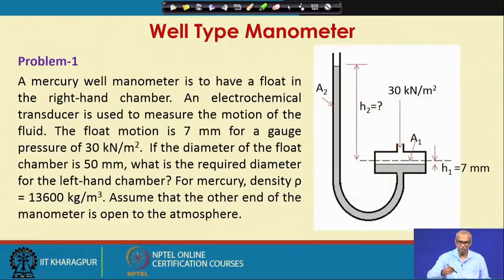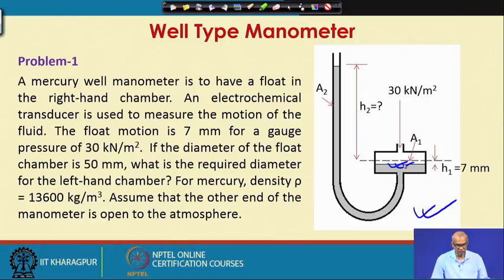So, basically consider a well type manometer. We want to have a float in the right hand side chamber. So, here I want to have a float. An electromechanical transducer is used to measure the motion of the fluid.